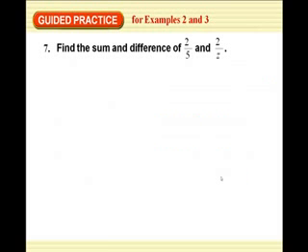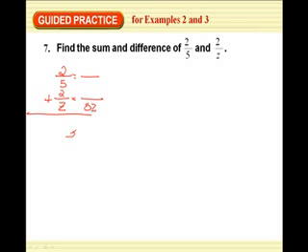Find the sum and the difference of 2/5 and 2/z. Okay, so let's add it first. 2/5 plus 2/z. I'm going to put a line through mine. So the common denominator for 5 and z is 5z. Remember, just multiply them together.